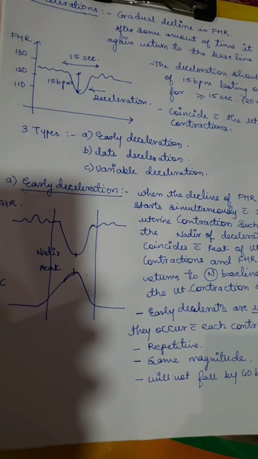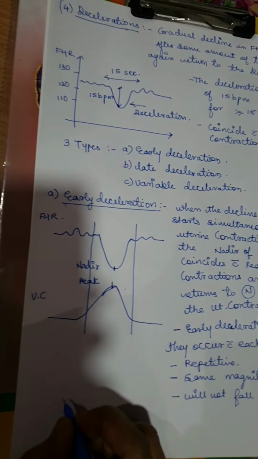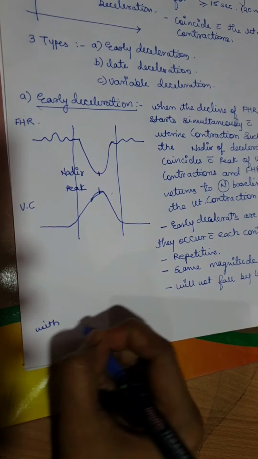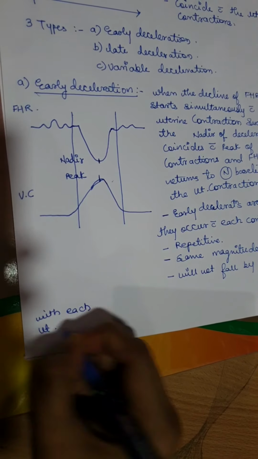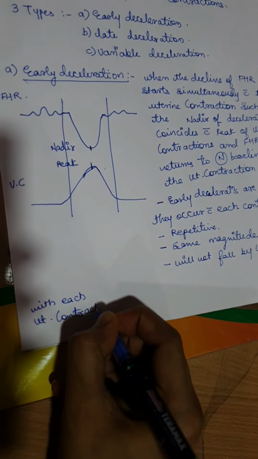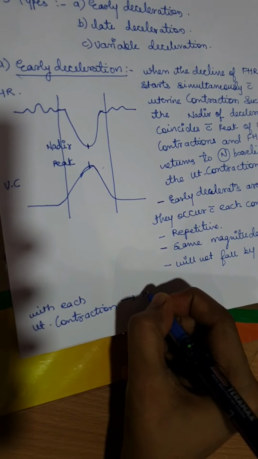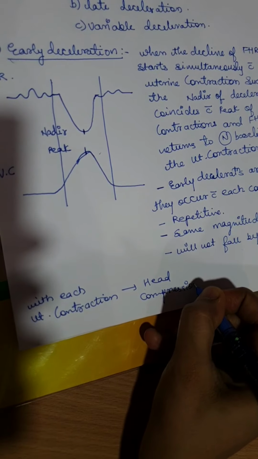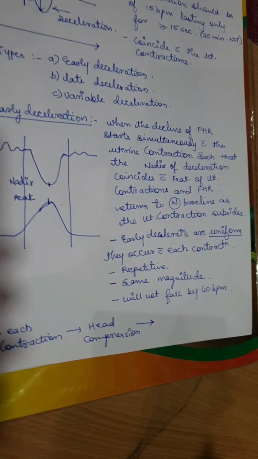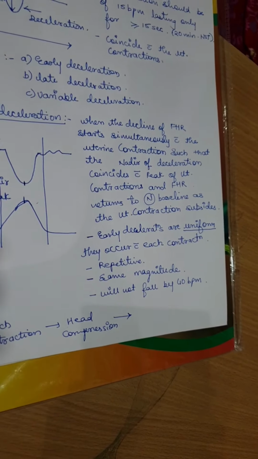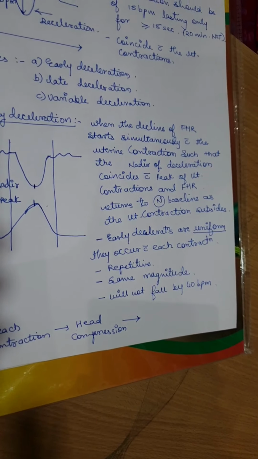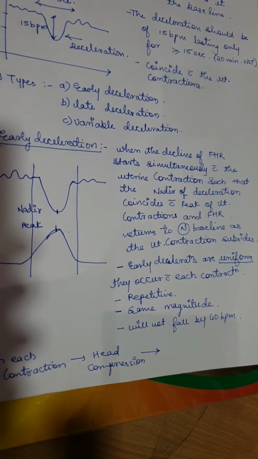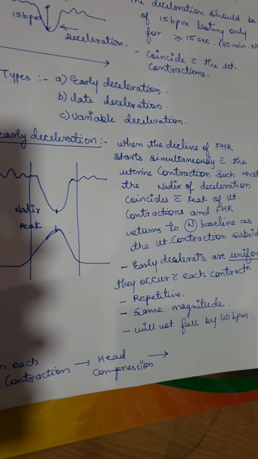So there is head compression. Now what happens due to head compression? The parietal bones are compressed such that the width of the sagittal suture decreases, which is called molding.